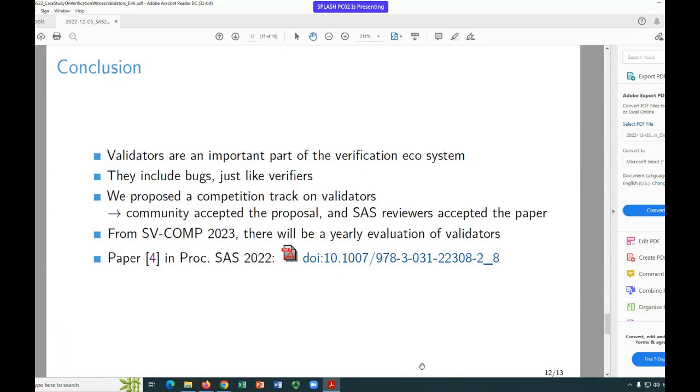Then this witness, which contains all the possible paths that could not be distinguished, is validated by the validator. And if the validator can replay the concrete error path along those paths contained in the witness to reproduce the bug, then this witness is confirmed.